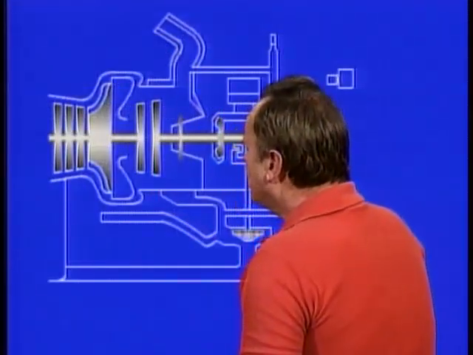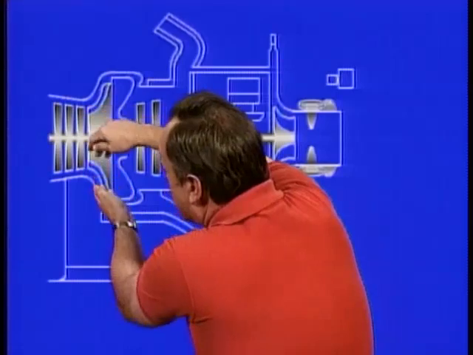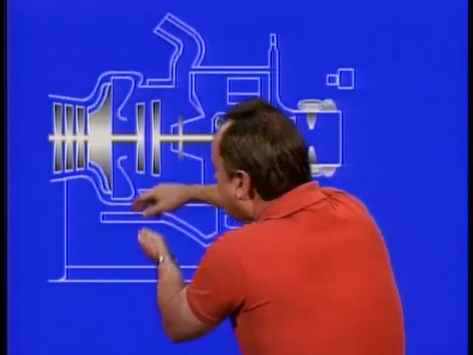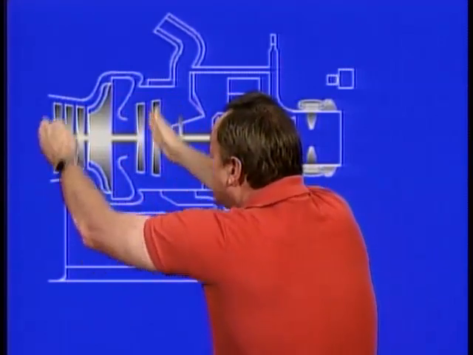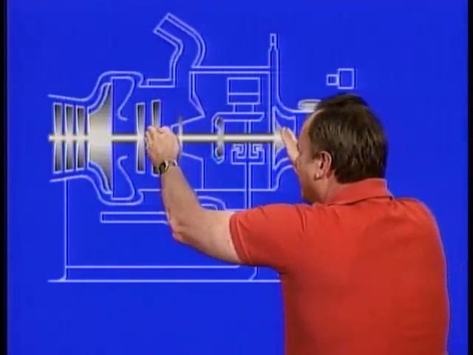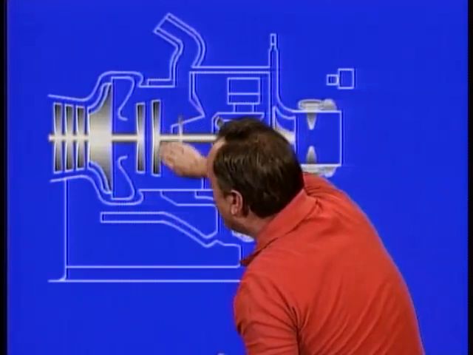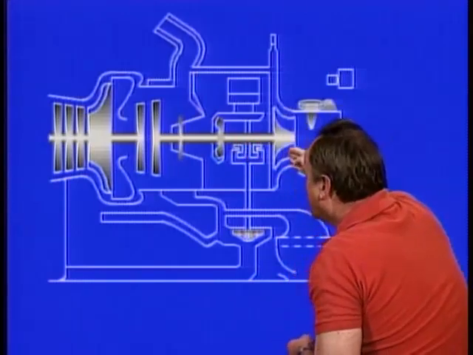Here is an APU. You have a compressor section of the engine. These will be axial compressors here, and here's a centrifugal compressor. And that's all driven by the high-pressure turbine, which is over here. You can see that this would be the gas generator section of the APU. Over here is the free turbine section of it. So you have the low-pressure turbine here and a second shaft that drives the load compressor.